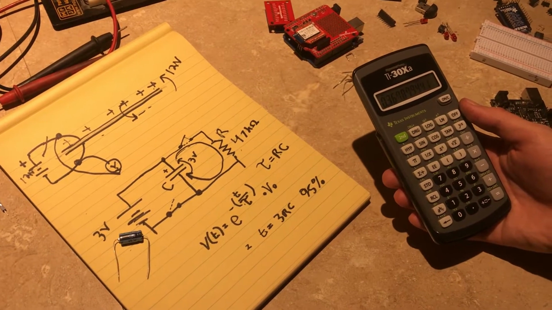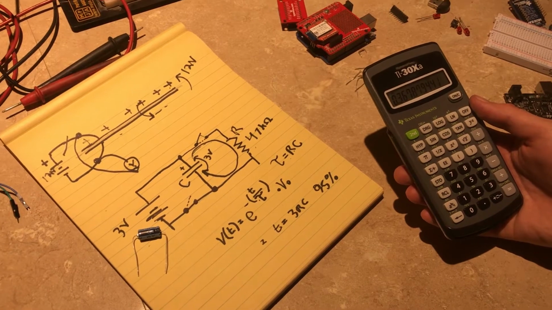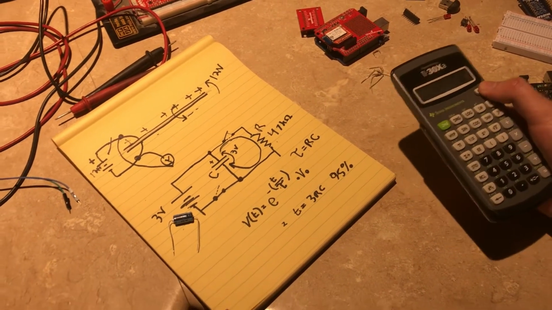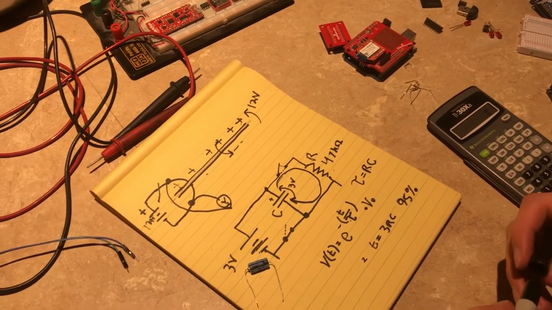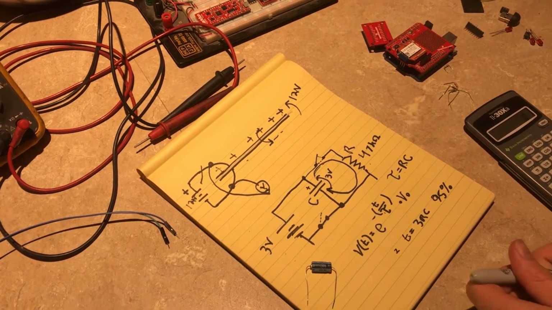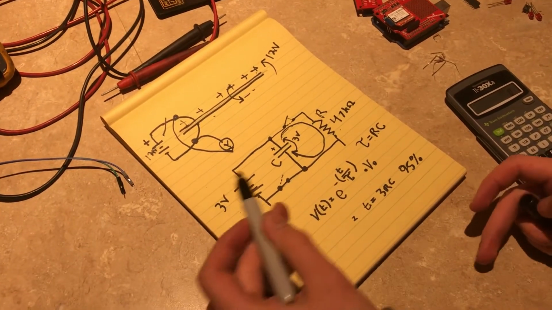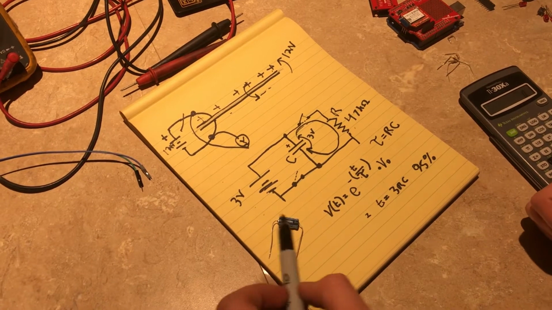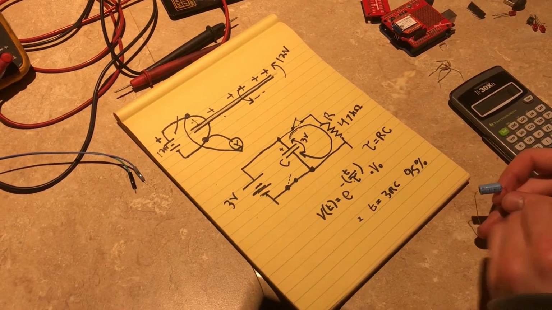I don't have a real good way to show this visually. That's something that could be done on an oscilloscope. Maybe I'll show that in another video. But as you can see, capacitors are fairly simple in function, but they can become somewhat complex in the math that goes into it.